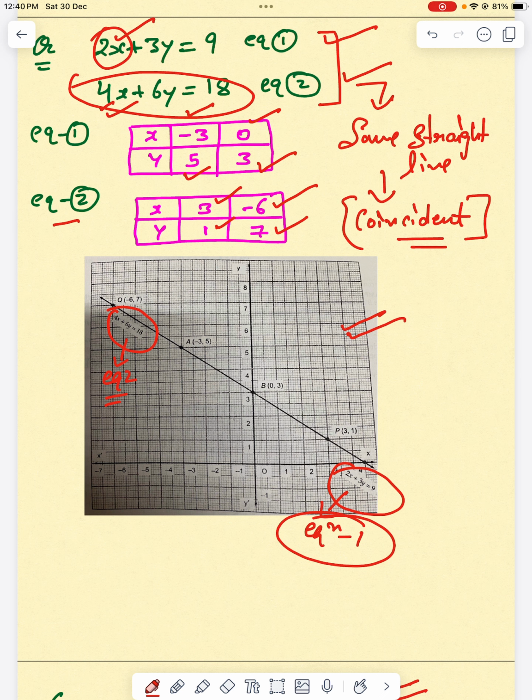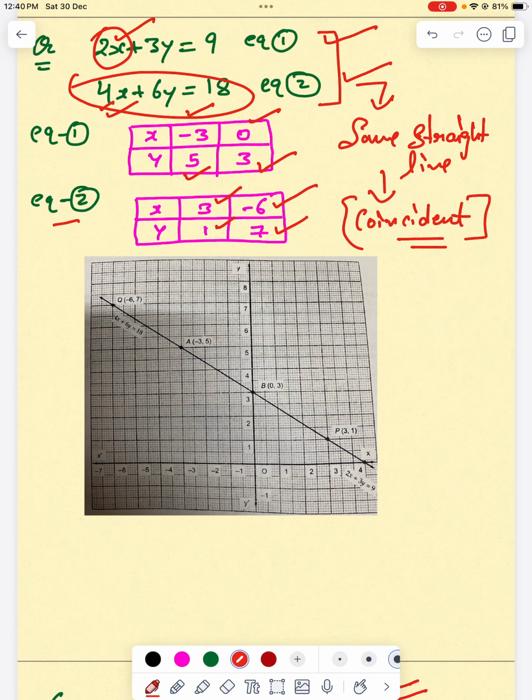And what is the solution of this equation? Anyone, please? You can say that the given pair of linear equations has infinite solutions.